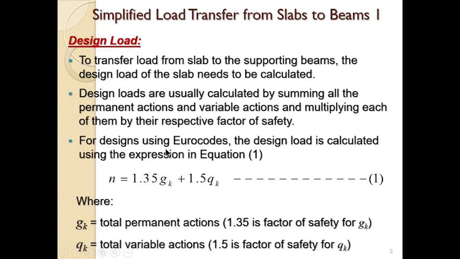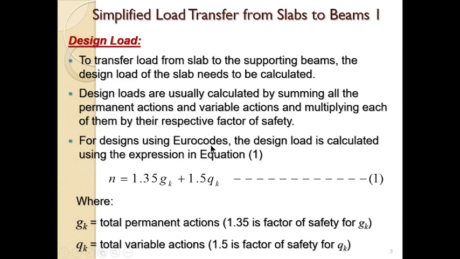So before we do the load transfer, first of all, let's look at the design load. The design load is usually calculated by summing all the permanent actions and all the variable actions and multiplying each of them by their respective factor of safety.